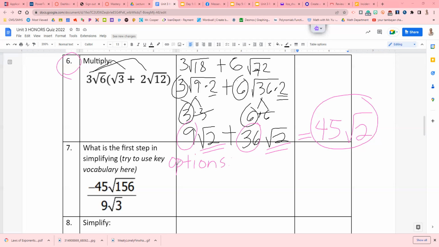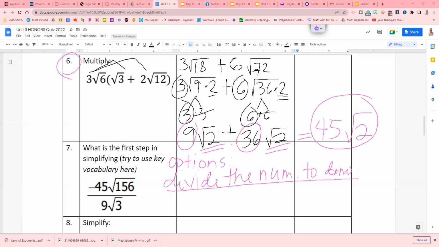First, you may say divide the numerator to the denominator, or simplify it first if you will. It's okay, whatever, but these are the expected answers.